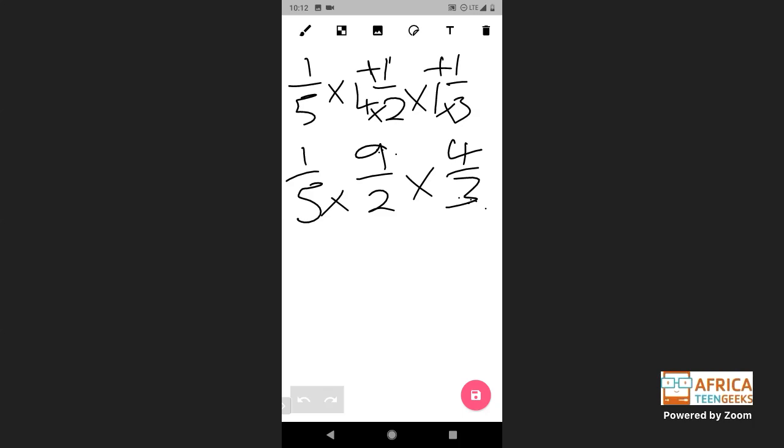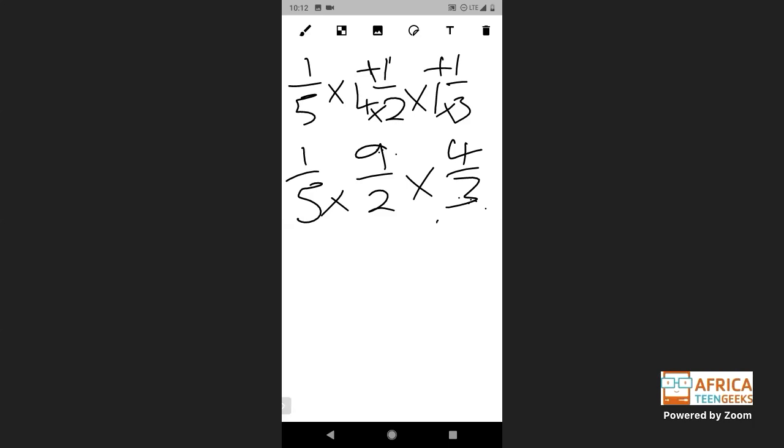We will use the highest common factor. What is the highest common factor for 3 and 9? It must be 3 or below, because our lowest number is 3. So our highest common factor for 3 and 9 is 3, correct?